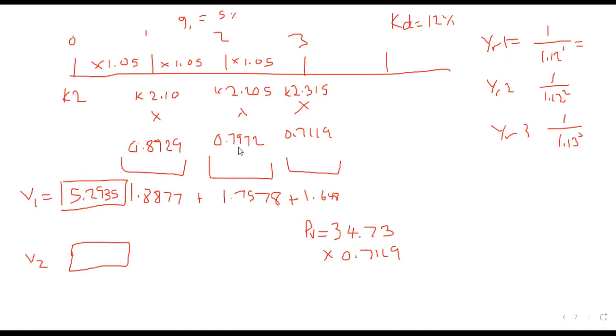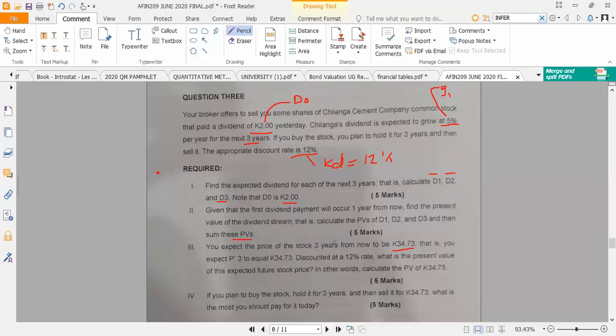So the examiner here has just given you a hint to say you expect the price of stock 3 years from now to be 34.73. That is, you expect P3 to be equal to 34.73, discounted at 12%.